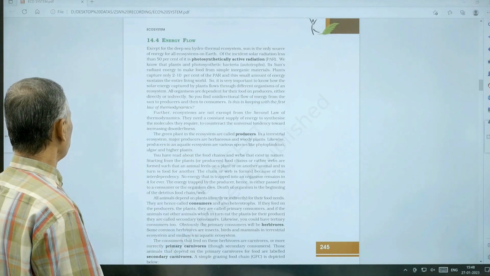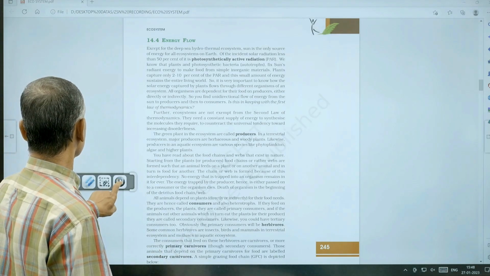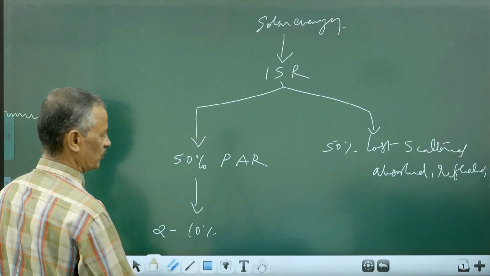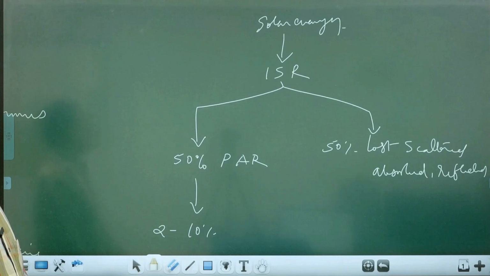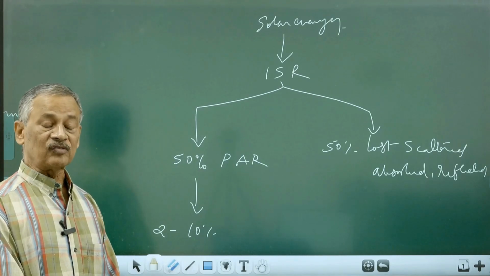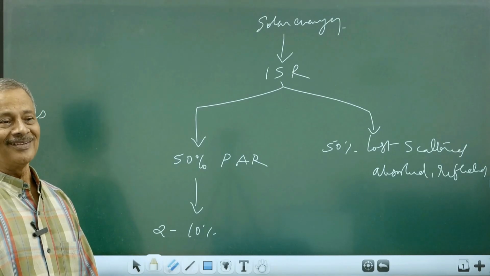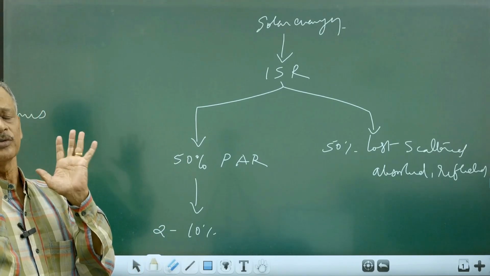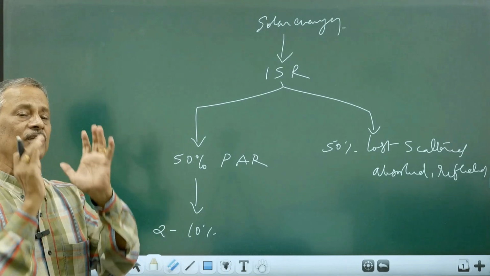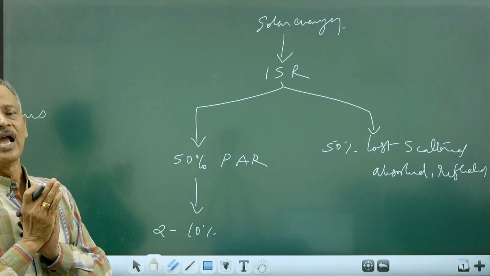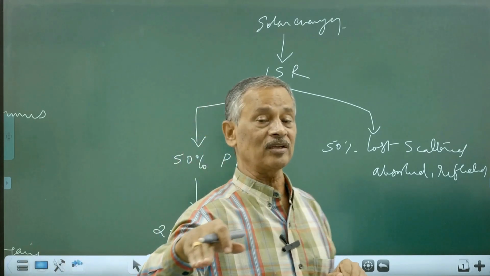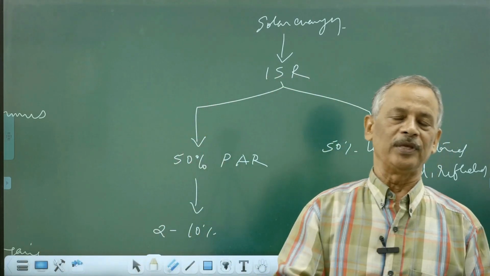So, it is the plants that are getting 2 to 10% of the energy, and they will utilize some of their energy for their own activities, and only a very small part is left and converted as organic matter, that is NPP.